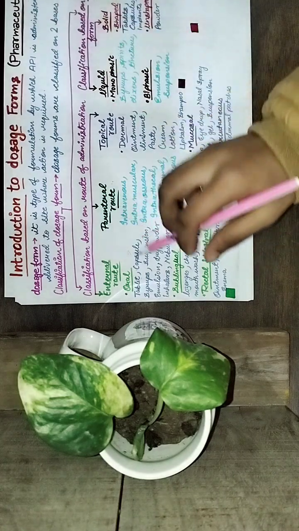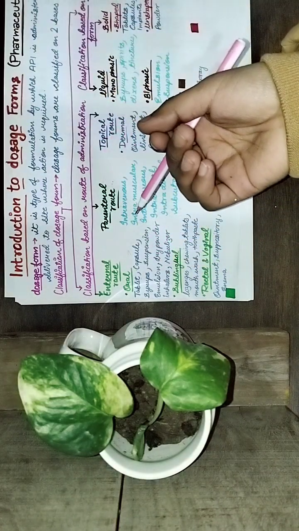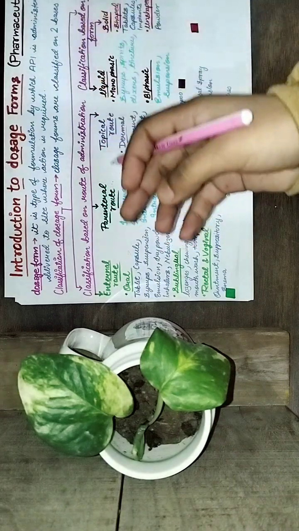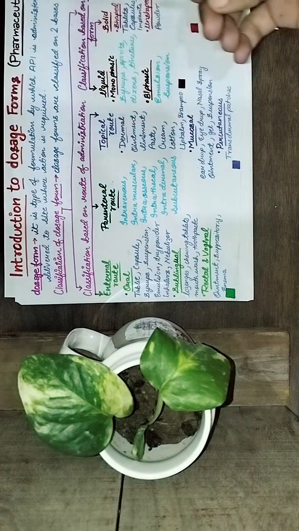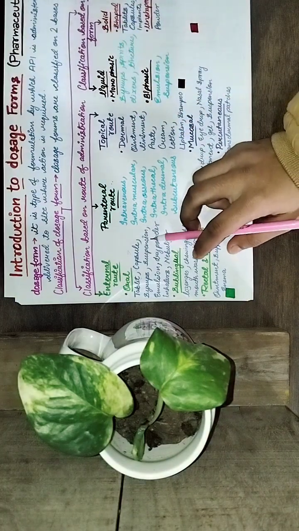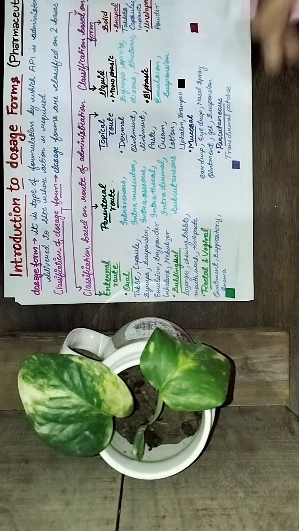The next are syrups. Syrups, we all know that sweet liquid dosage forms that we take for curing our coughs, for curing cold, for curing fever. Then suspension. This may be something new for you, as suspensions are those dosage forms in which solid particles are dispersed inside a liquid solution.